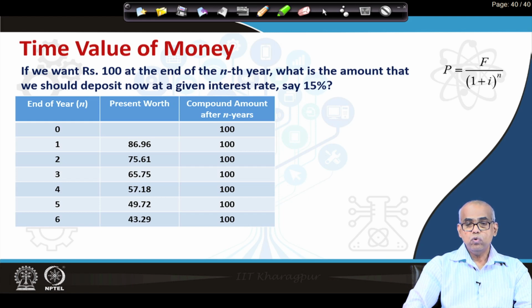Now, we ask another question. If we want rupees 100 at the end of the nth year, what is the amount that we should deposit now at a given interest rate, say 15%? You can compute it from P equal to F by (1 plus i) to the power n.